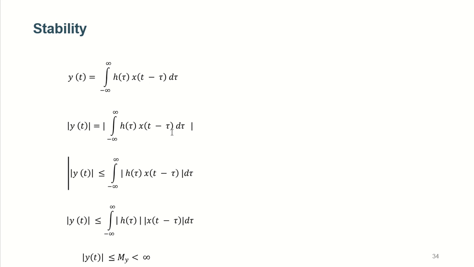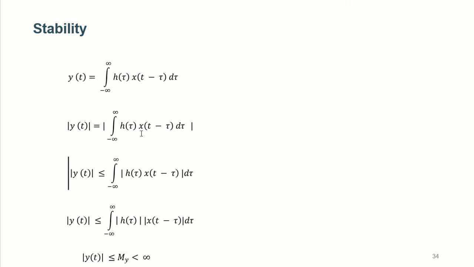As we are going to talk about stability here, we can represent the right hand side of the equation with a less than or equal to sign, right? We are not changing anything in the equation. We are keeping y of t as it is, and keeping the right hand side, integral from minus infinity to infinity of h of tau x of t minus tau d tau, as it is.